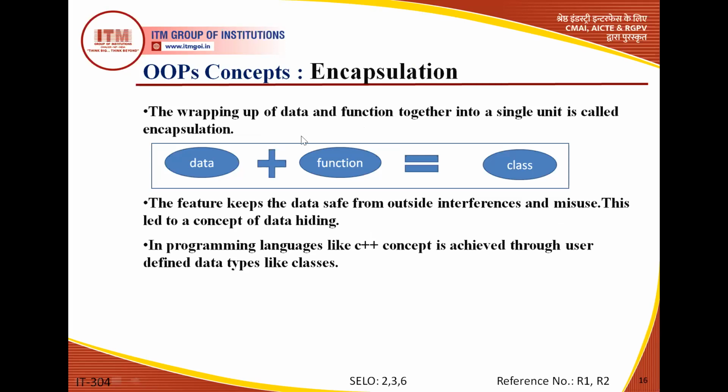So encapsulation means wrapping up of data and functions together into a single unit, which is called a class. So this is called encapsulation, and this feature keeps the data safe from outside interference and misuse. And in programming languages like C++, this concept is achieved through user-defined data types like classes.